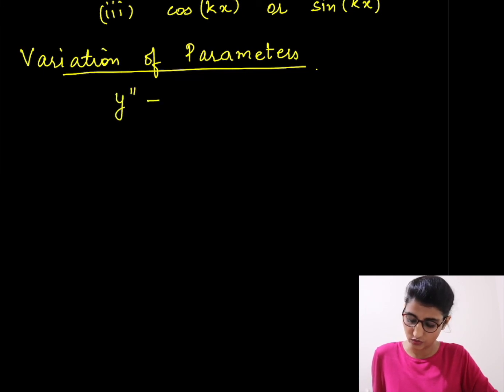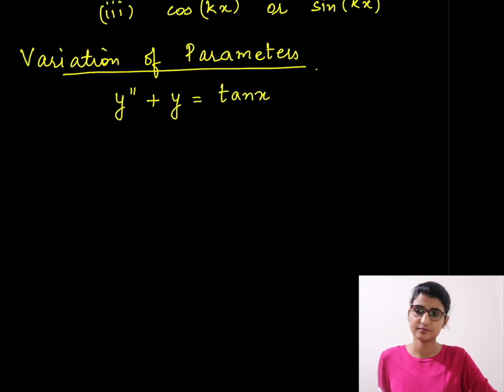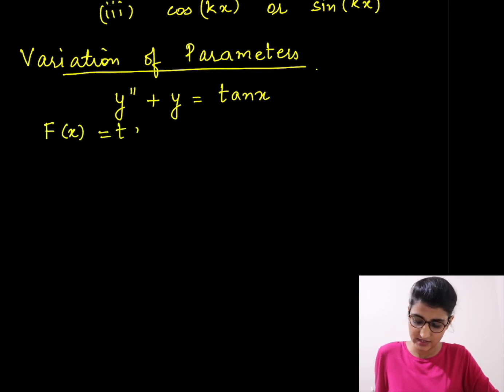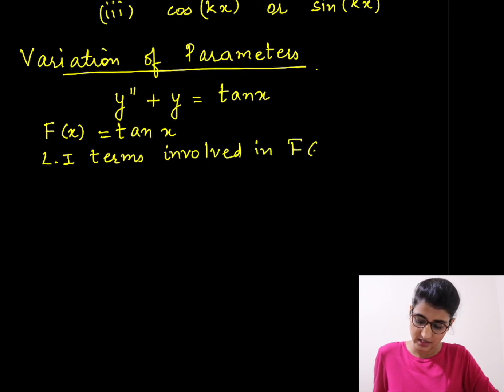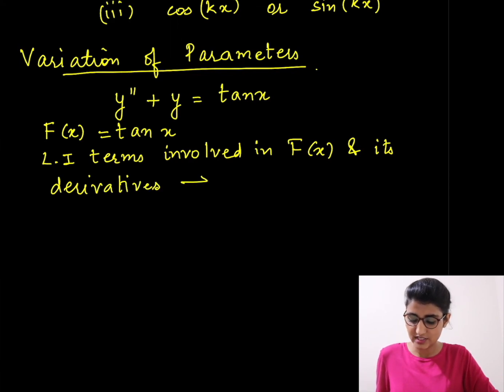Let's talk about y double prime plus y equal to 10x. Here f(x) is equal to 10x, and if you list the linearly independent terms involved in f(x) and its derivatives, you will have infinite terms.